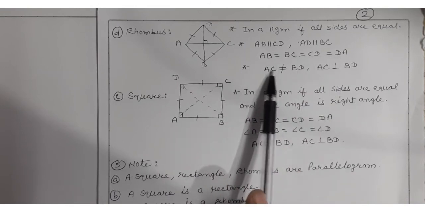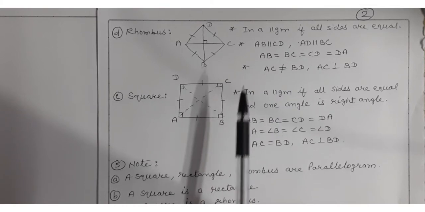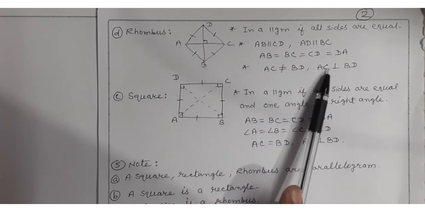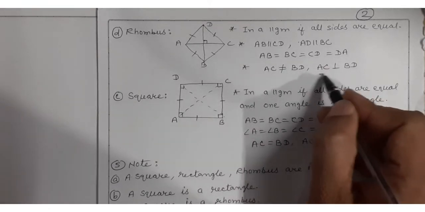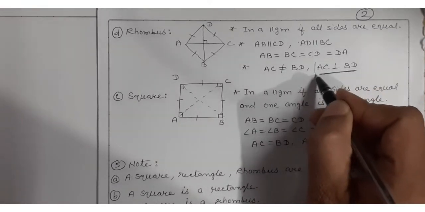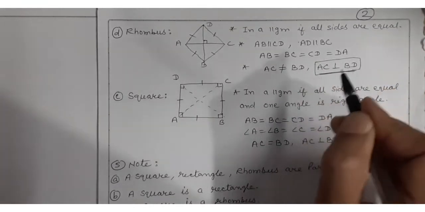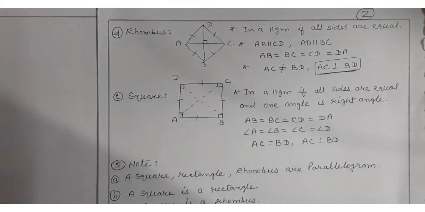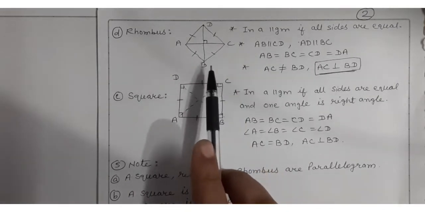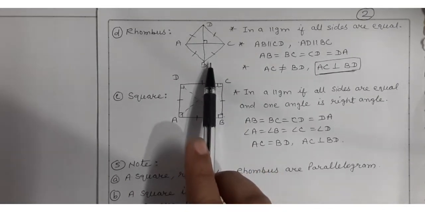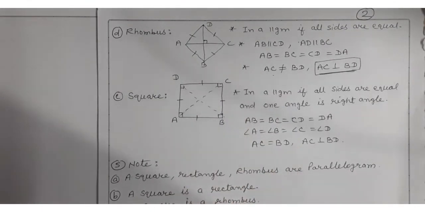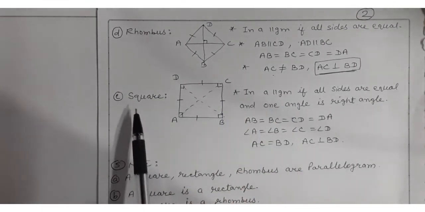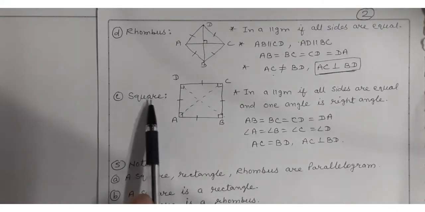And one more thing, diagonals are not equal, because in a parallelogram diagonals are not equal. AC is perpendicular to BD. This is very important in a rhombus: diagonals are perpendicular to each other. But in this one, diagonals do not bisect each other. AC is not equal to BD also.